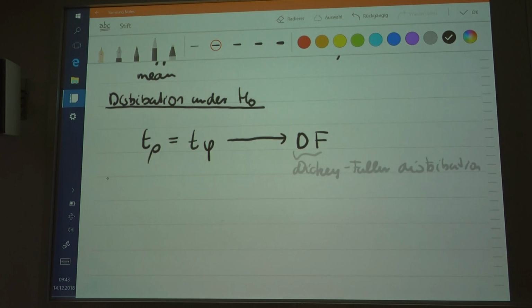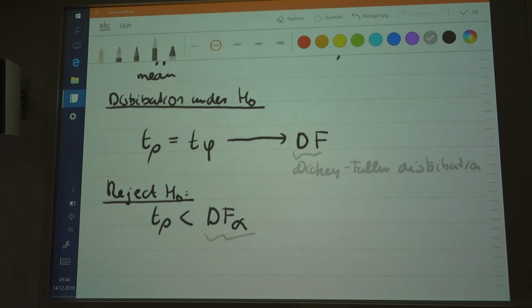And you will reject the null hypothesis. You can reject the null hypothesis if the test statistic, any of the test statistics, so I take the first one, let's say, is less than the alpha quantile of the Dickey-Fuller distribution.